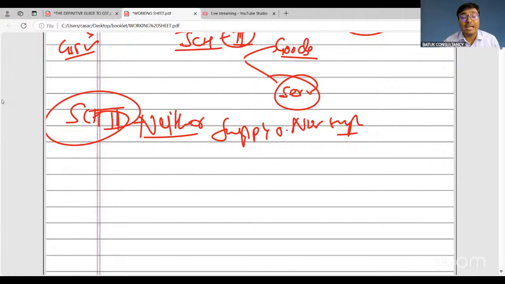Now we have to decide whether this particular supply is a supply of goods or supply of services. For that purpose, we have schedule number 2. And suppose in the financial statement you find certain transactions covered under schedule number 3, that is neither supply of goods nor supply of services. That means no applicability of GST.